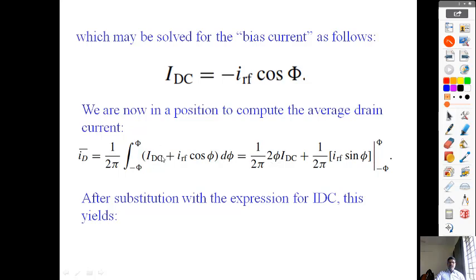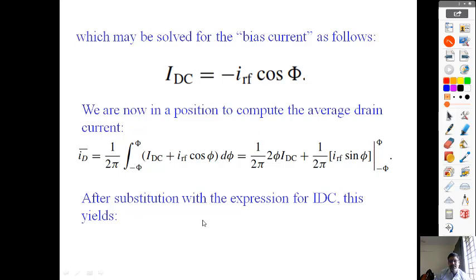Now you take the integral: it will be IDC times 2 phi after applying the upper and lower limits, so 1 by 2 pi, 2 phi times IDC, plus 1 by 2 pi IRF times sin phi minus sin of minus phi. The sin of minus phi gives minus sin phi, therefore we get 2 times sin phi.